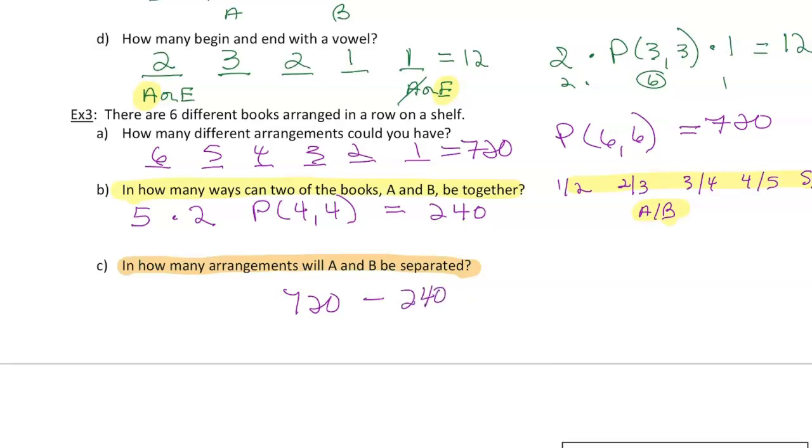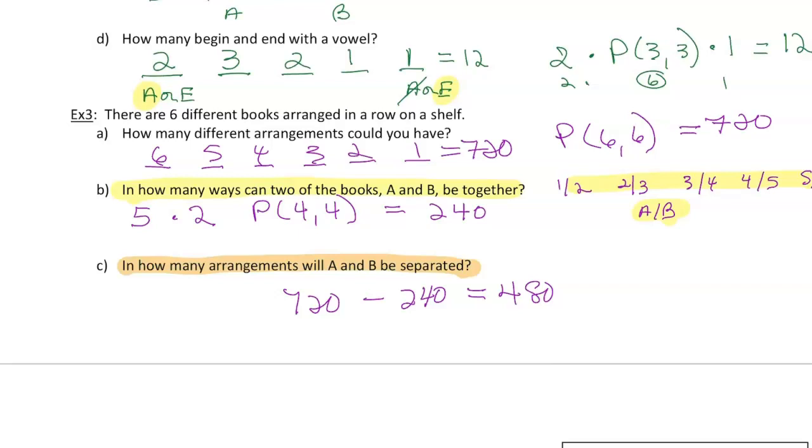So therefore there must be 720 minus 240 ways to have them be separated, which is 480. Okay? So again, don't do more work. Build upon what you already knew.